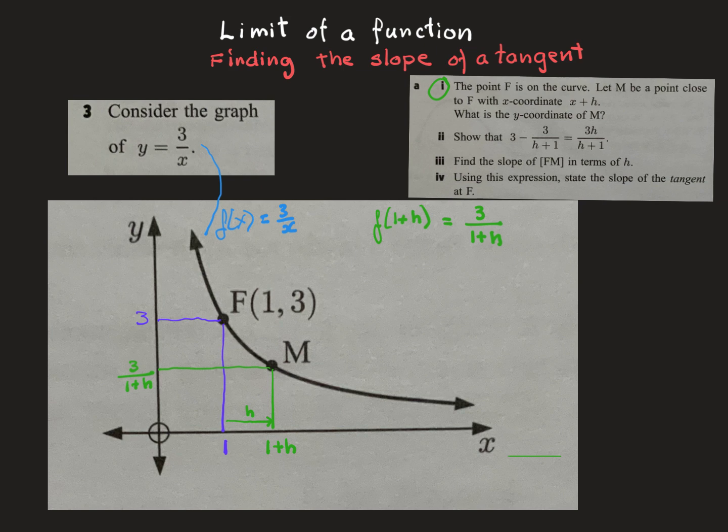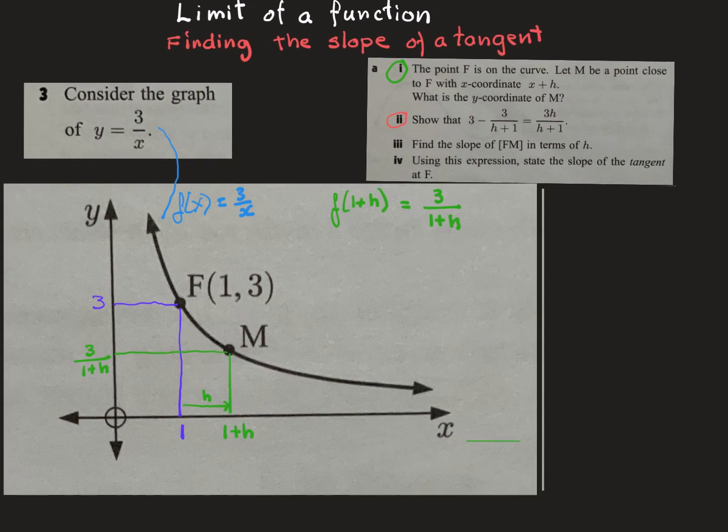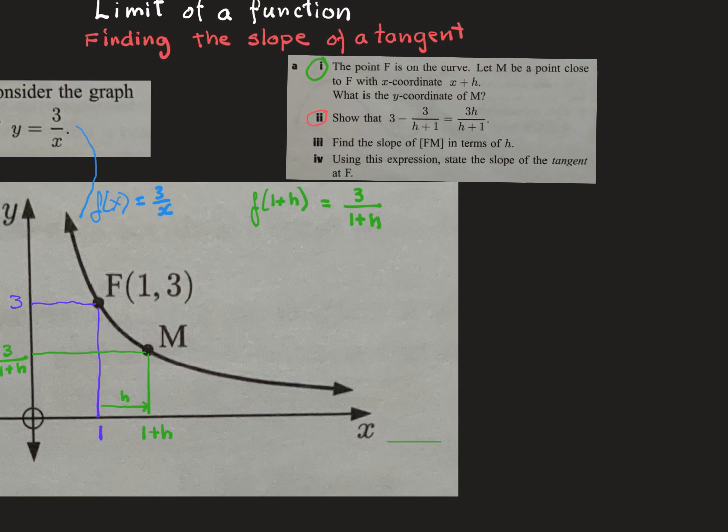So let's go now to part 2, and that was to show that 3 take away 3 over h plus 1 is equal to this. This is straightforward algebraic manipulation. So I'm going to go to the right here and rewrite this again: 3 minus 3 over h plus 1.